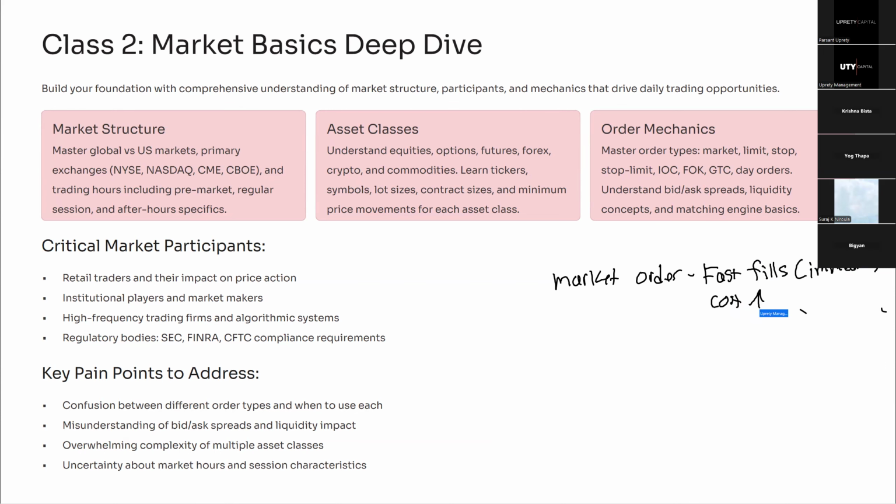Per order, you're going to end up paying a little bit more. Because your execution is guaranteed, but there is this thing called slippage. Slippage means if the stock is at $200, if you do a market order, you might get filled at $200.30. But you're saying you're comfortable with them filling you at that price, but you're doing that because you're getting filled very fast. Any questions about market orders?